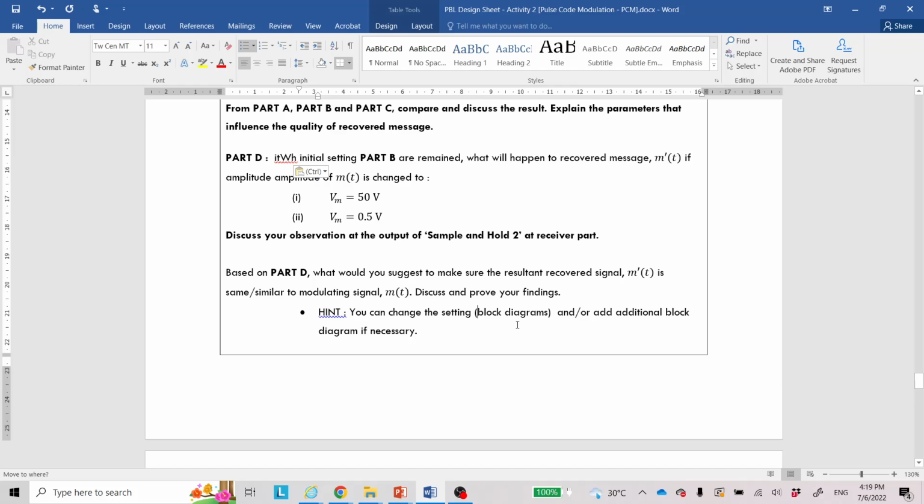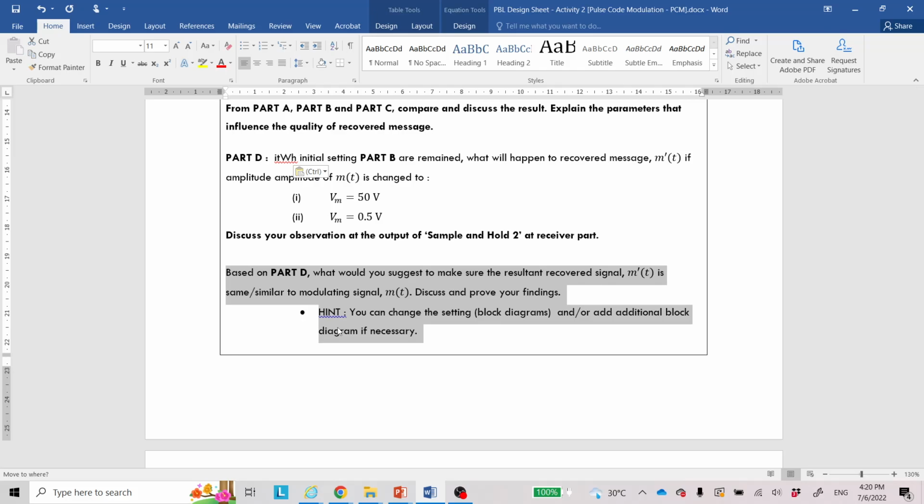What should you do? When you suggest, you need to do it in the simulation. For example, we need to add this and that. So you do it. You do the simulations and get the output and show the results.